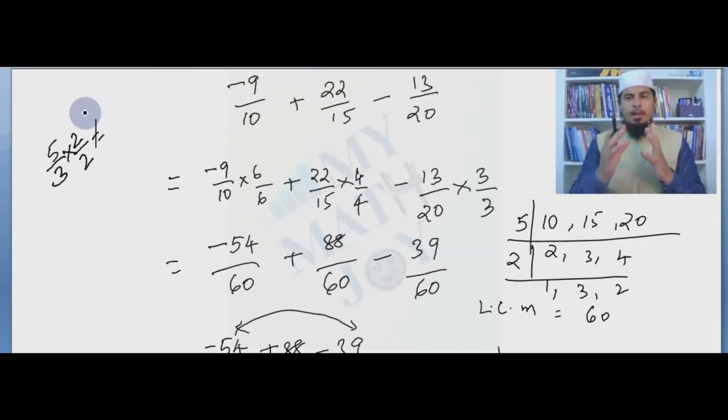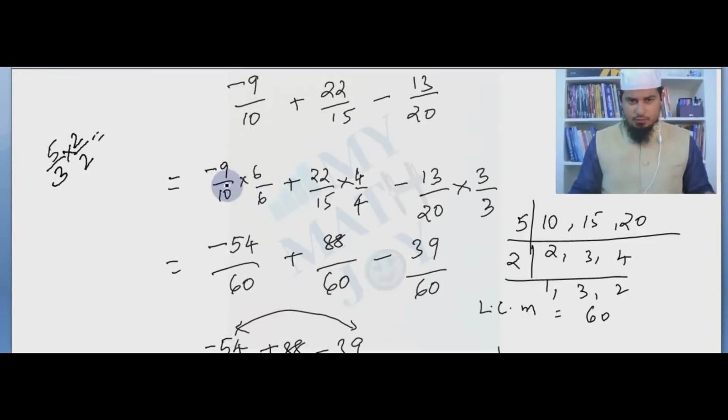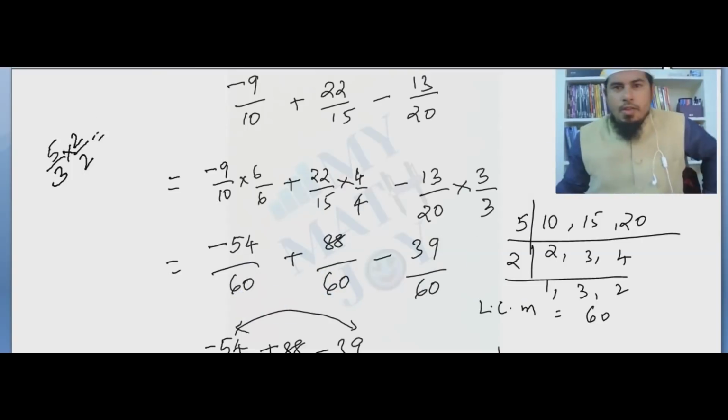But if you multiply and divide by the same number, then the actual value doesn't change, it is just equivalent. So here each fraction has been multiplied by a suitable number in such a way that the denominators become exactly 60. So each denominator became 60 right now.